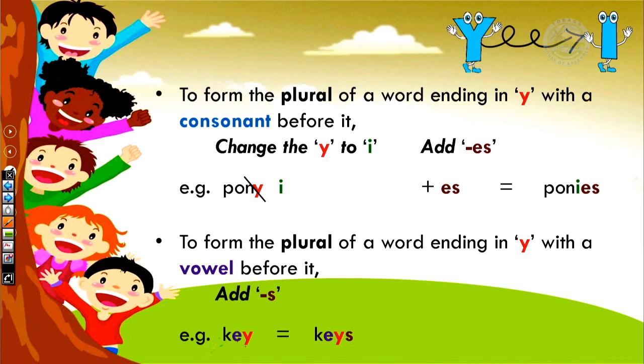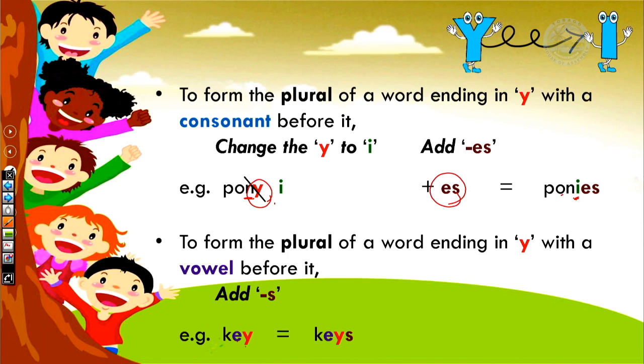Our word is the word pony. The word pony ends in a Y. Because we want to form the plural of that word, and a consonant N is right before the Y, we change the Y to I, and then we add the ES. So, to spell ponies, we have P-O-N-I-E-S, ponies.